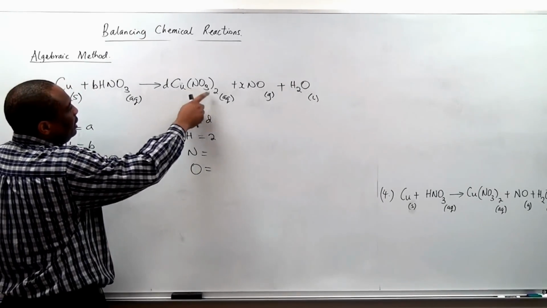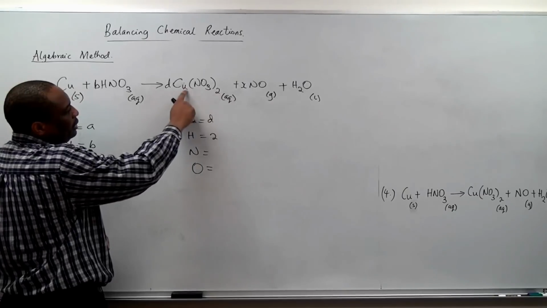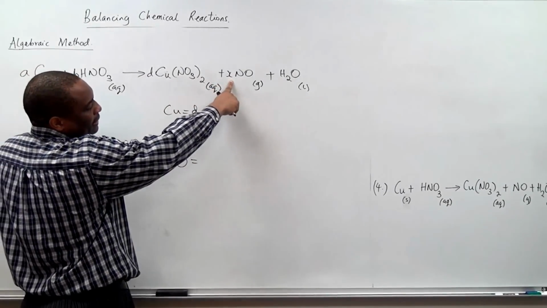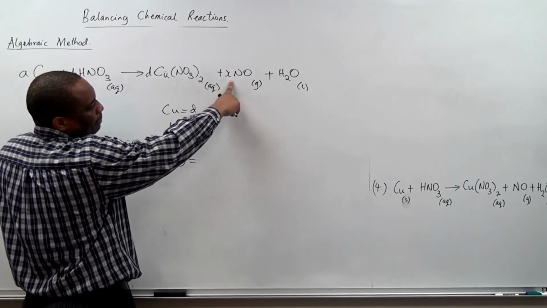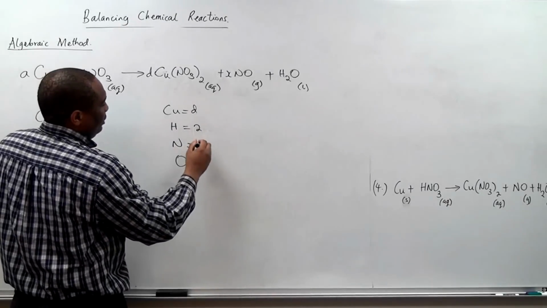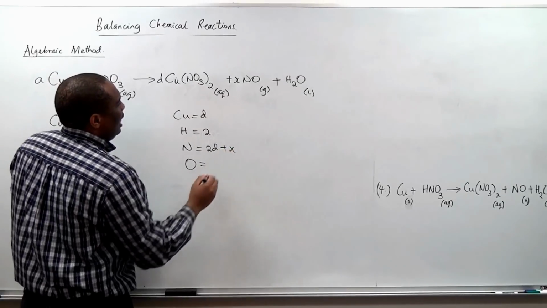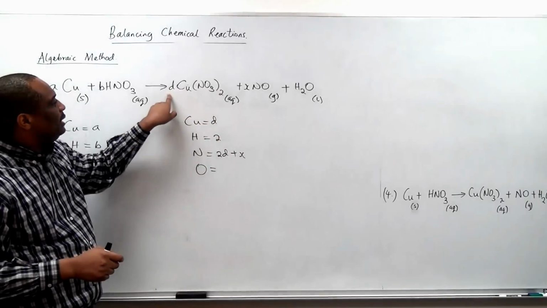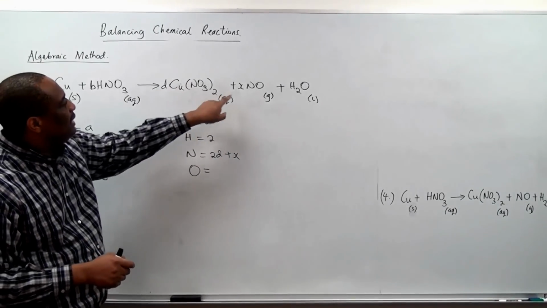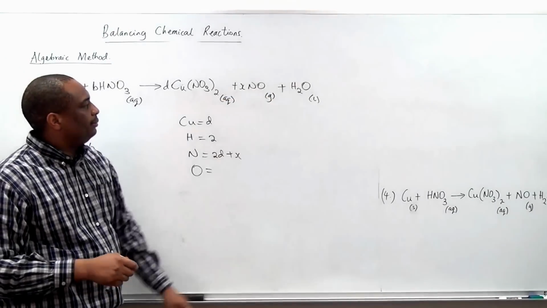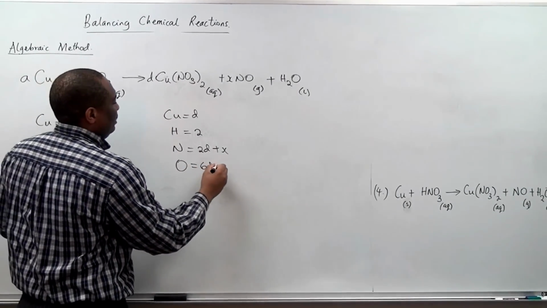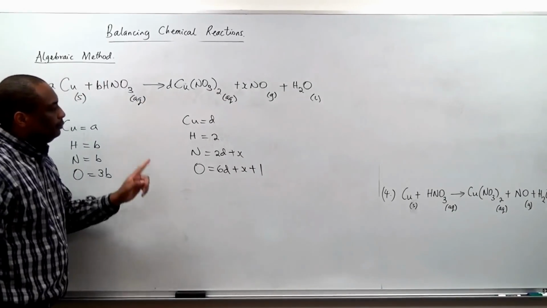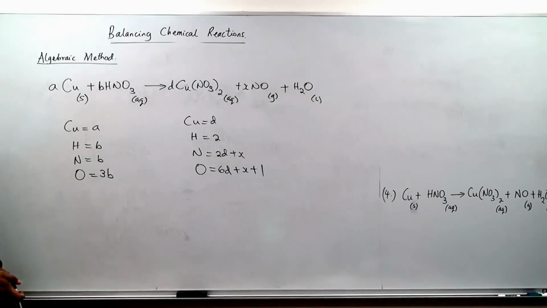Nitrogen is 2D plus X. Okay? And then our oxygen is 3 times 2 is 6, 6 times D, 6D plus X plus 1 will be our oxygen.